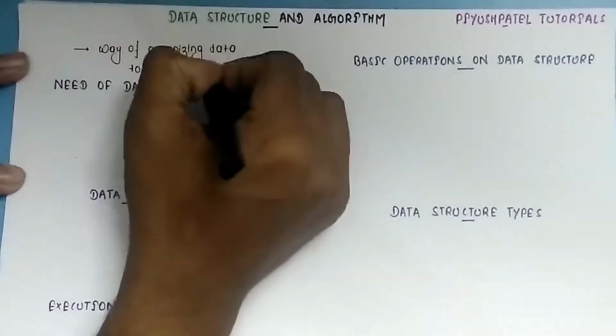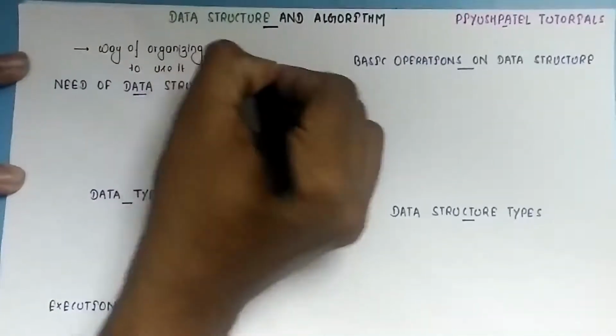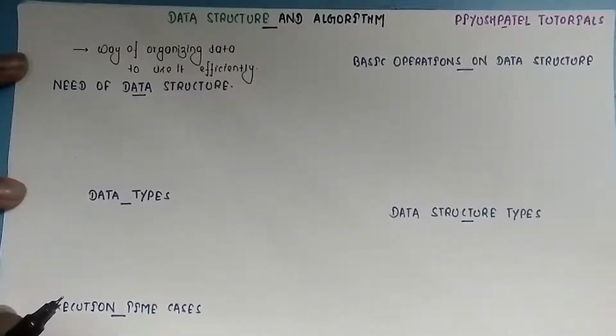So data structure is a method by which we organize our data so that it could be used efficiently. And next we will get to know about the need of data structure.